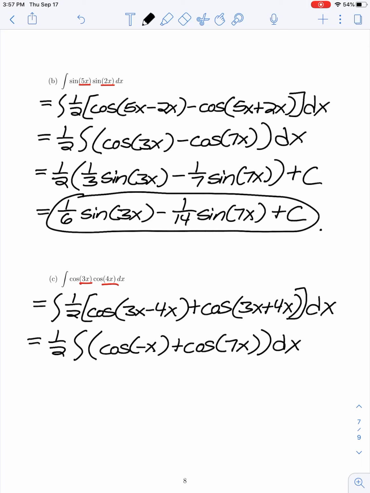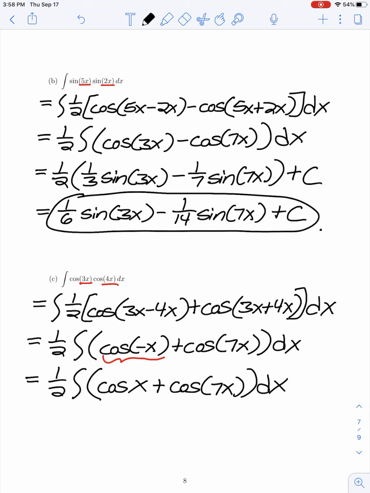Here I could evaluate directly, or to make my work a little easier, I could make use of the fact that cosine of x is an even function. That is, cosine of negative x is the same as cosine of positive x. Plus, I have my cosine of 7x dx.